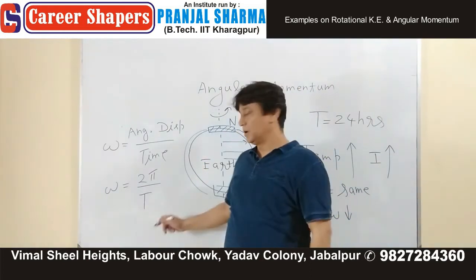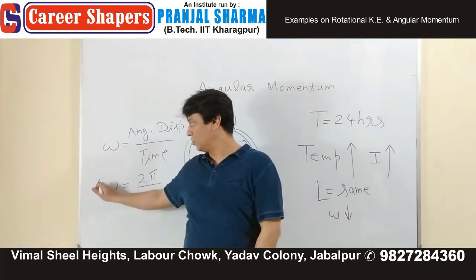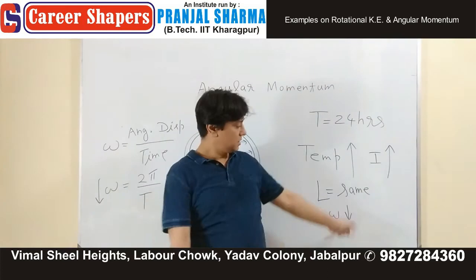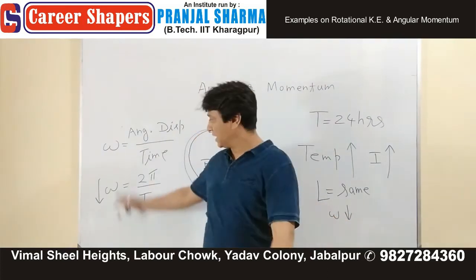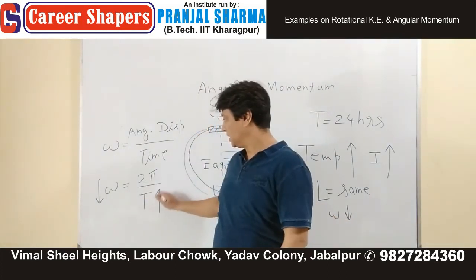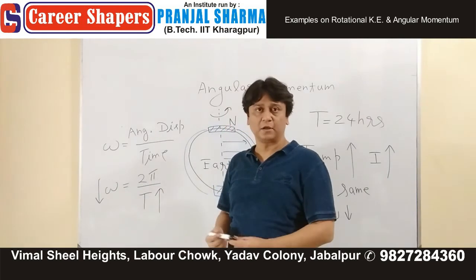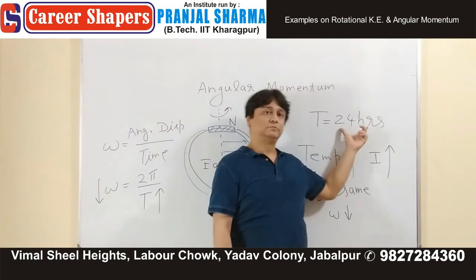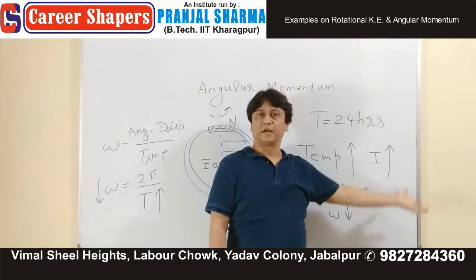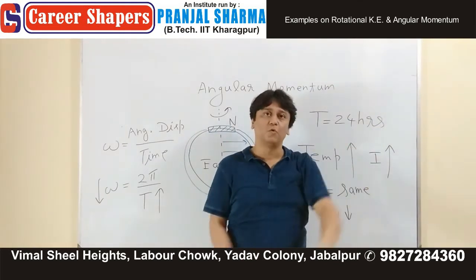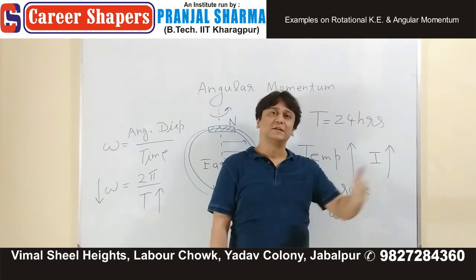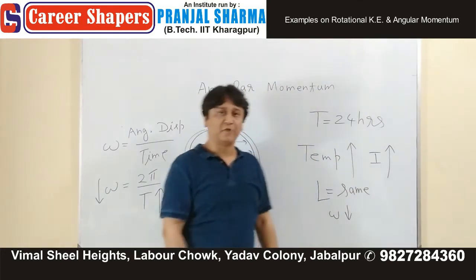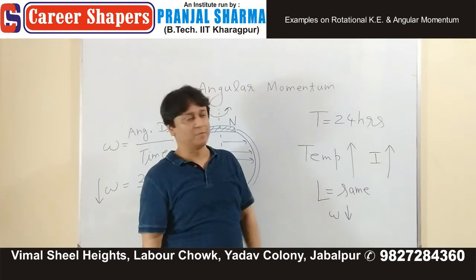Temperature आपने increase किया, omega decrease हो गया. If you are decreasing omega, t is increasing. So your duration of day is going to increase due to global warming. A one-line statement. You can remember it for any examination, school or competitive examination.